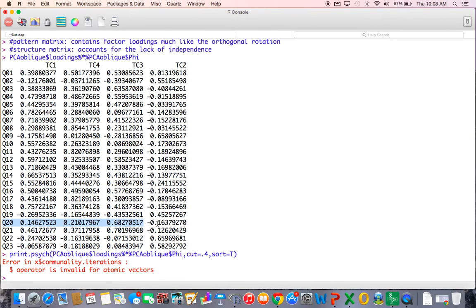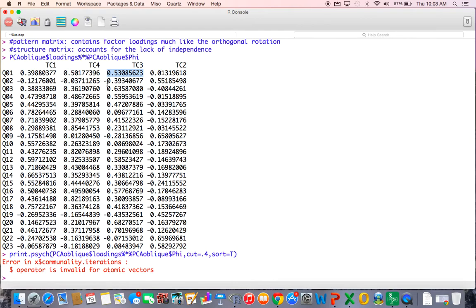And question number 7, just a random selection, loaded on factor 1. Okay. So I would go through and take a look at where each of these fell and compare it to, for example, question number 1, which would load on component 3.